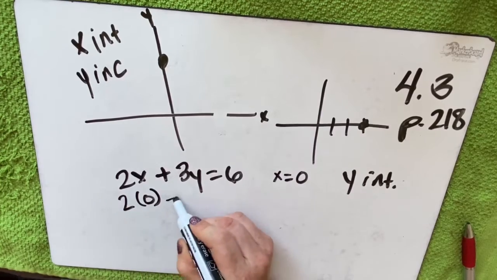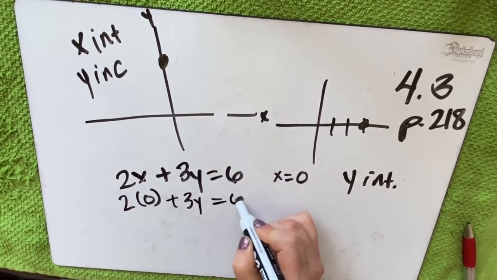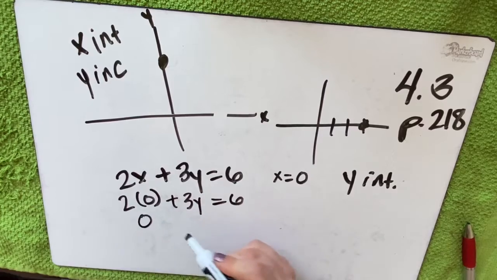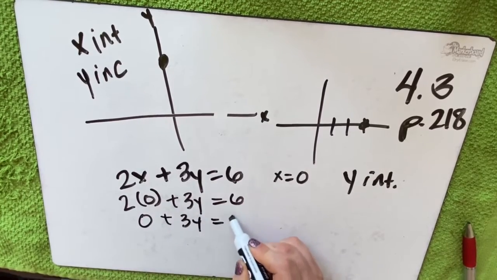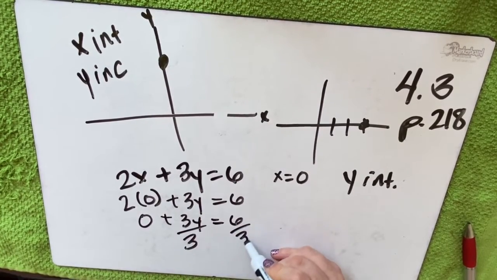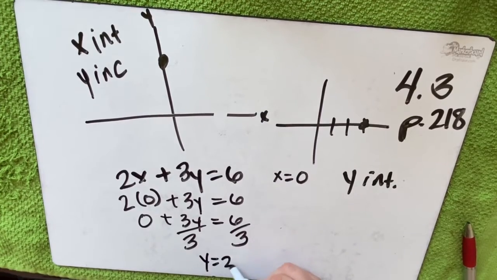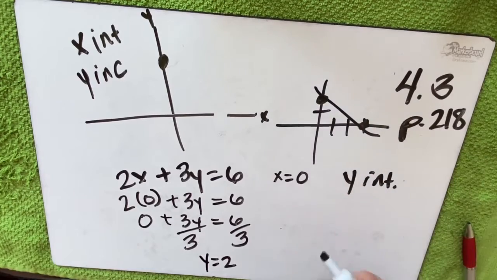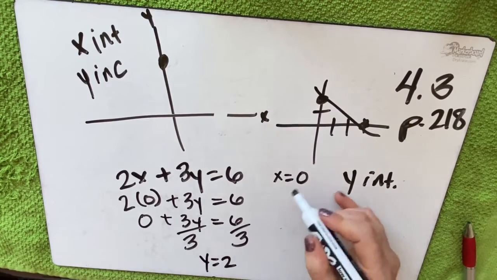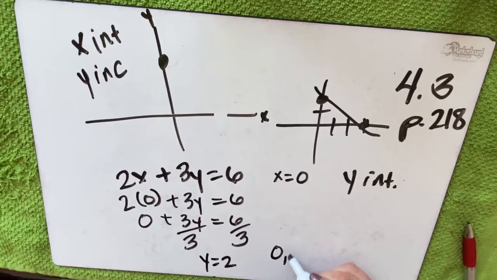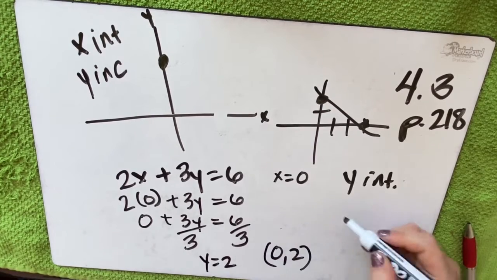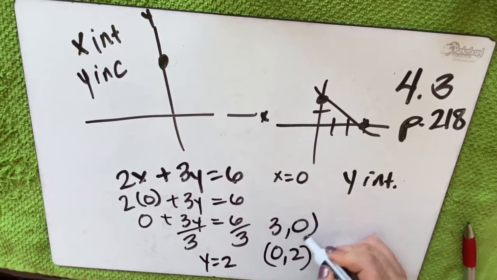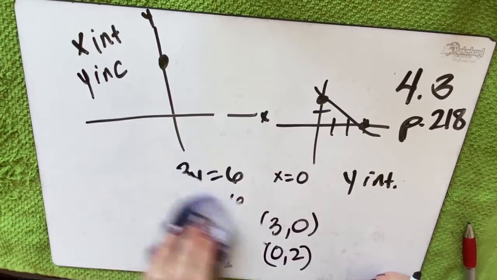So this will be 2 times 0 plus 3y equals 6. Now I'm solving for y. So this is 0 plus 3y equals 6. Divide by 3, divide by 3. Y equals 2. So then that one will go 1, 2. So it's pretty easy. So this equation is 0, 2, right? And 3, 0 from what we got before.